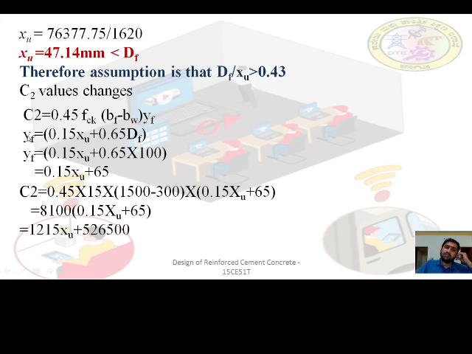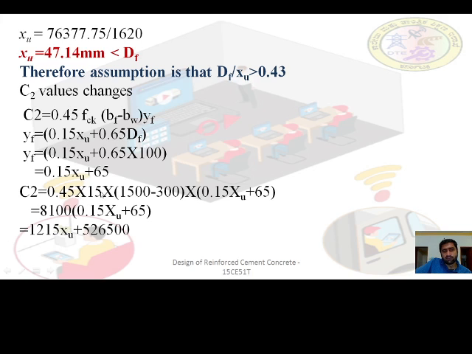After substituting here, YF is 0.15 times the XU plus 6.8 times the DF. XU value we don't know, but DF value we know. So YF will work out to be like this. Okay, so C2 is equal to, solve the bracket term, 1500 minus 300 will come 1200.